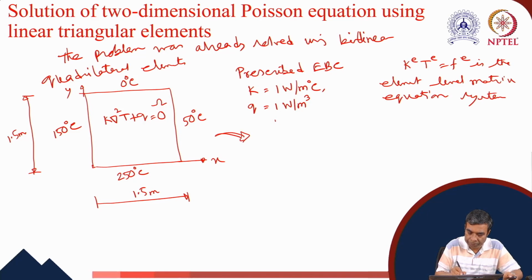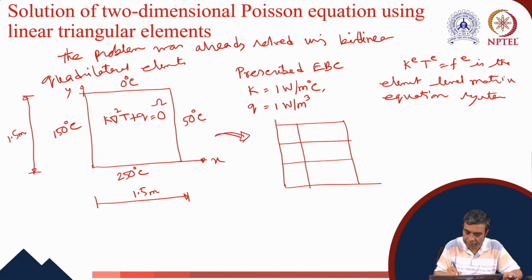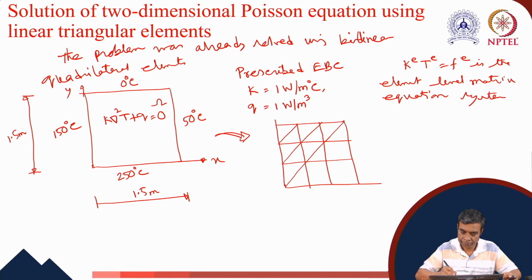In the first step, we discretize the computational domain. So we have two internal horizontal lines and two internal vertical lines. Now we split each square into two triangular elements.